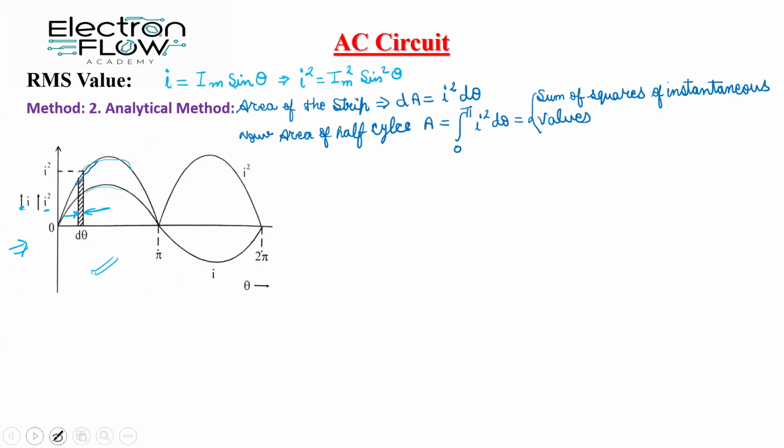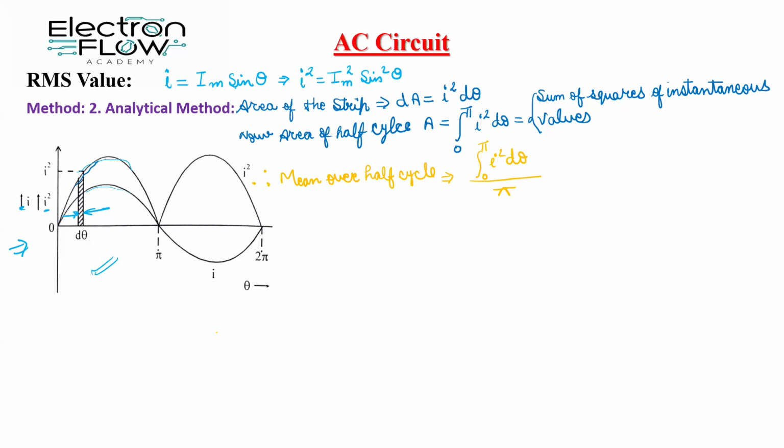As we know, the mean over the half cycle is given by the integration from 0 to pi of i square d theta, the area, divided by the periodicity, which is pi for the half cycle. Further we have to solve this equation.